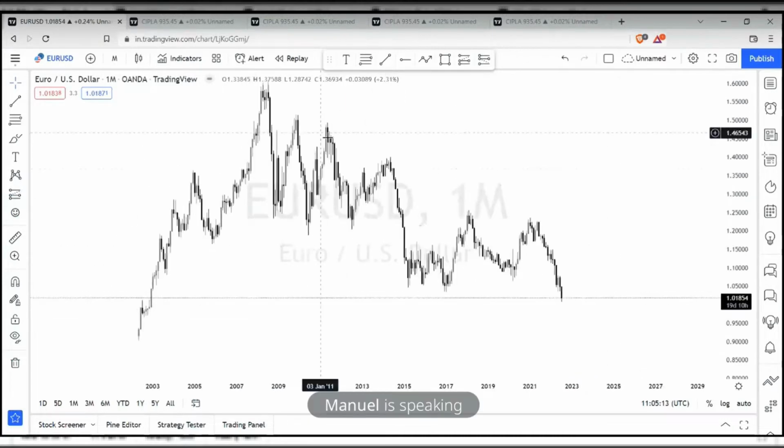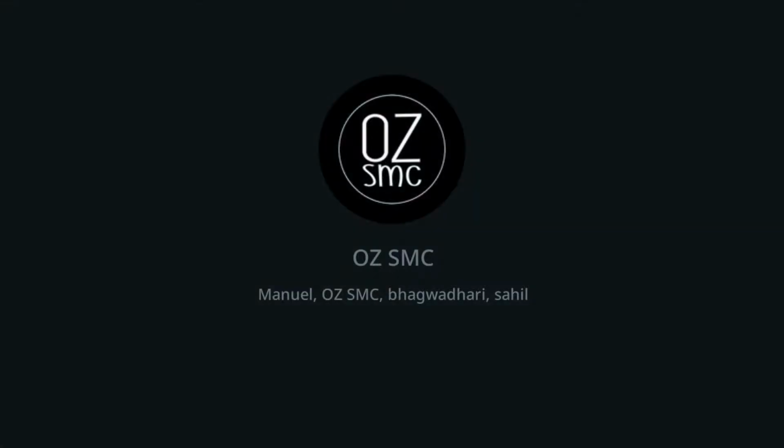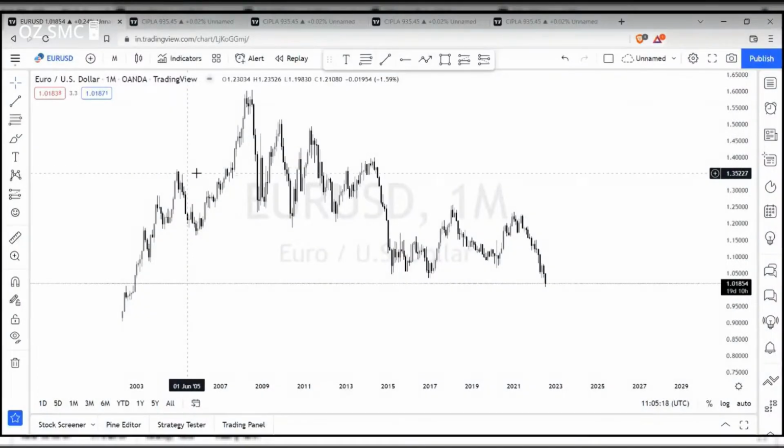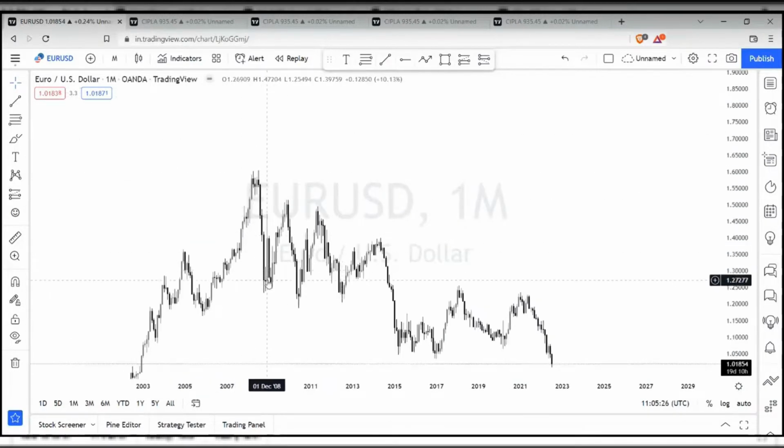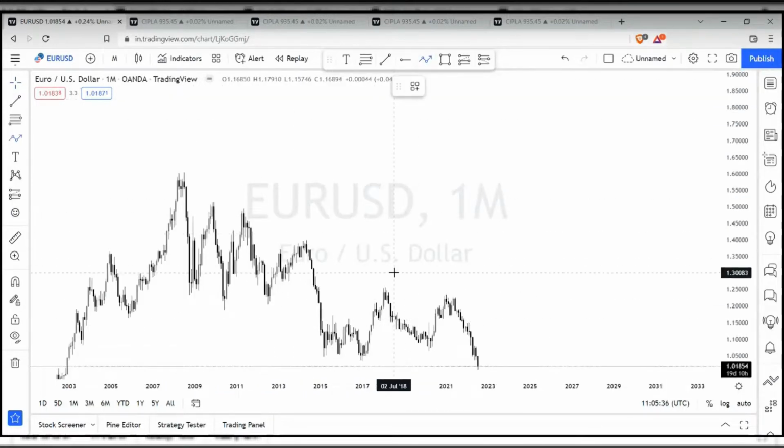Where is this heading right now? Euro broke this structure, hence printing bullish. And now when price came back, it was supposed to go higher and take out this high. What is that? That is Dow theory.